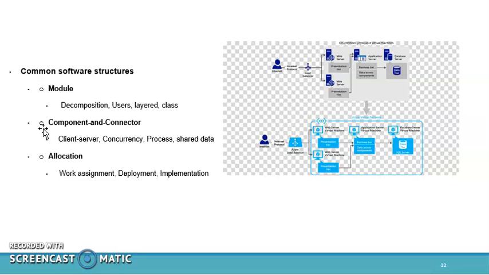Concurrency. Concurrency means the processes which are working in parallel. Like whenever a user checks out from an online shopping system, two things happen in parallel.